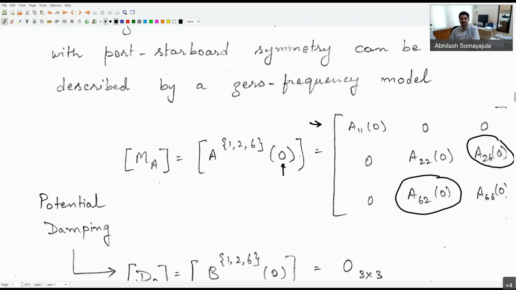So we can approximate this by a zero frequency model, and that will save us some effort in simulating the motions by disregarding the frequency effects or the impulse response function effects. Those can be neglected when we are looking at the maneuvering motions.